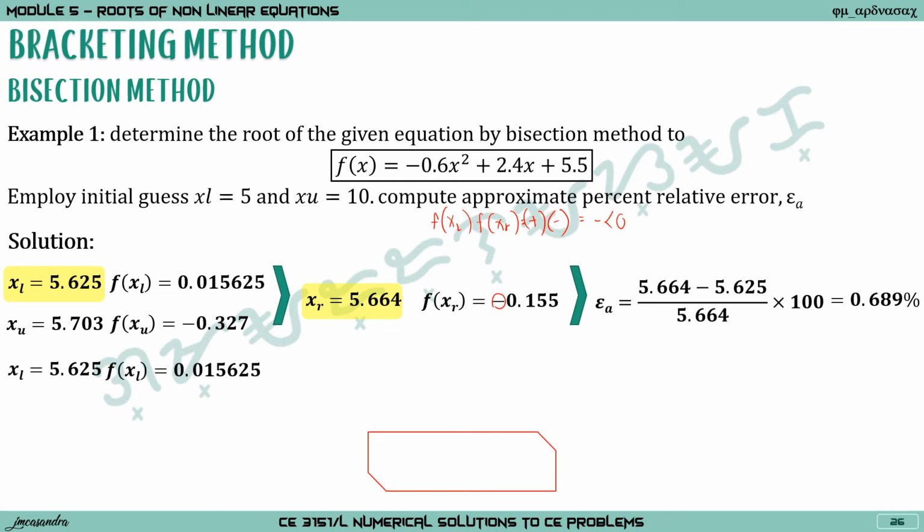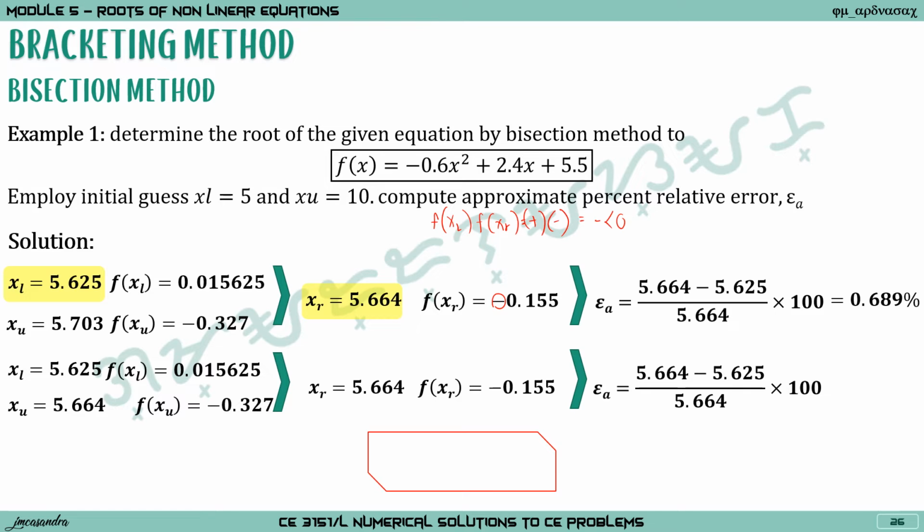Okay, so we have our new limits xl, xu, solving for their x sub r, we get 5.664, function is negative 0.554, error is equal to 0.689. So if you can see, we have the same value of xr, same value of error.